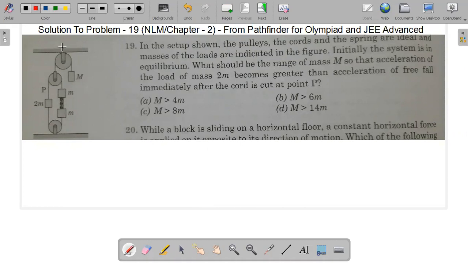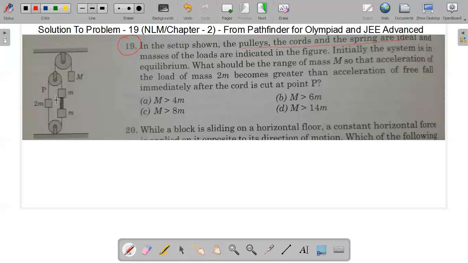In problem 19, you can see a setup given in this figure in which all the pulleys and the strings are ideal. The pulleys, cords, and springs, everything is ideal. So we are dealing with an ideal system, and masses are connected as you can see in this figure.